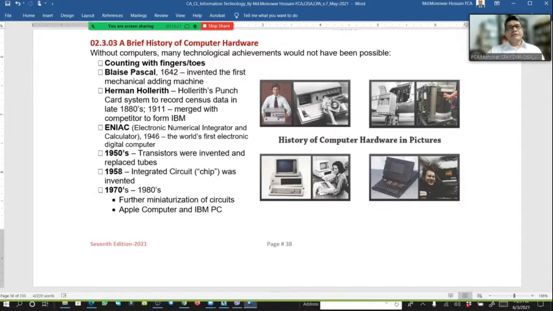In 1890, Hollerith developed the punch card system, and in 1911 it merged with a competitor to form IBM.